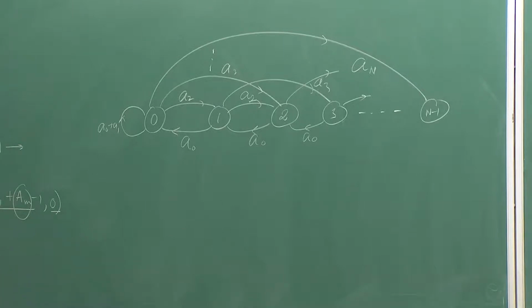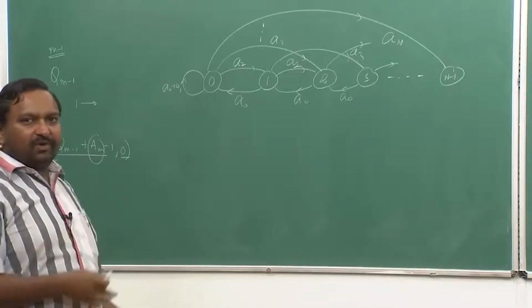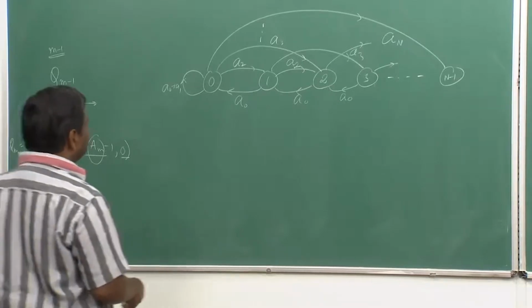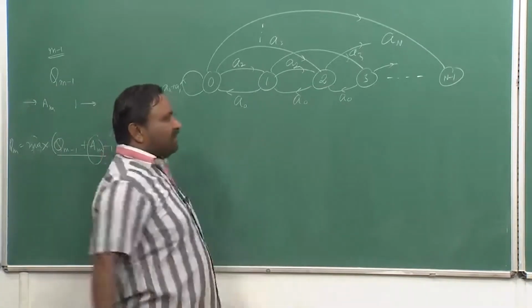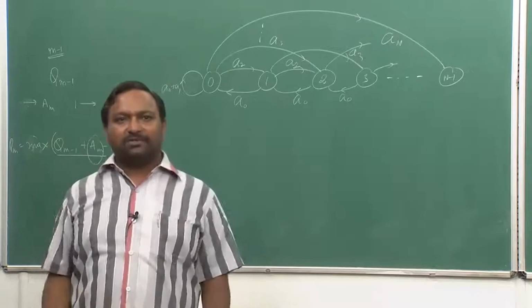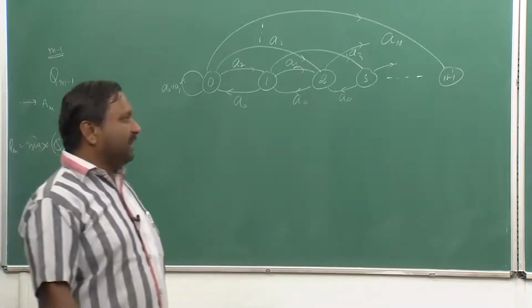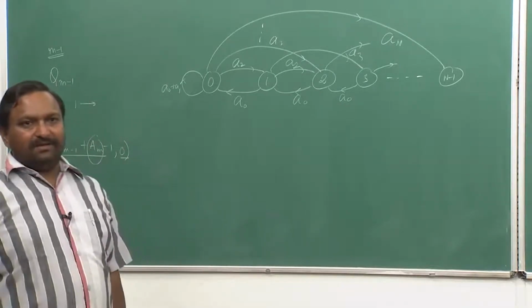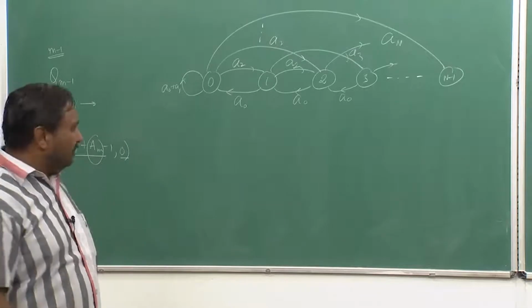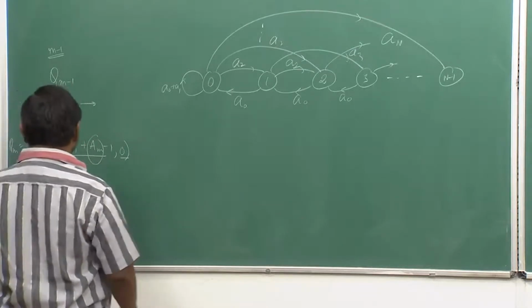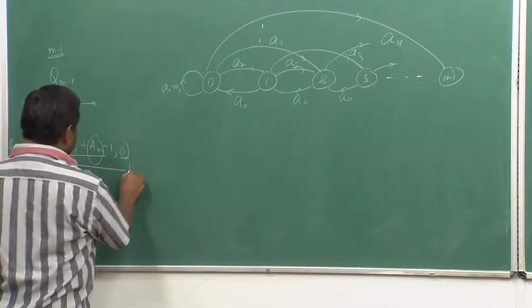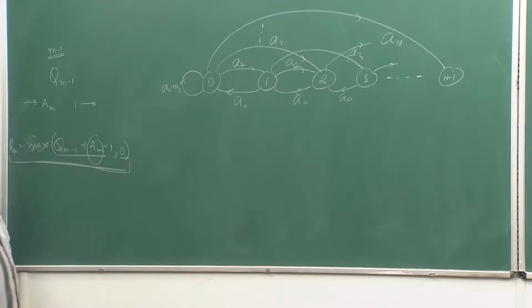So of course you can write down the balance equations and solve and get all the state probabilities. Okay. And once you have all the state probabilities you can use this to compute my mean queue length. There is an alternative way also. I can directly use an expression which is for this kind of queue.